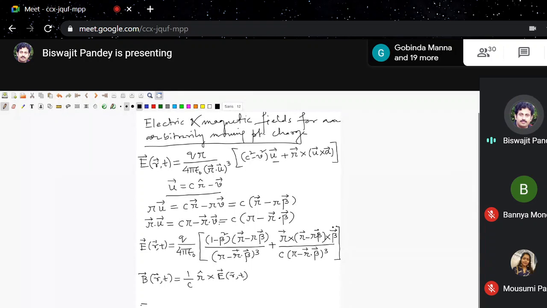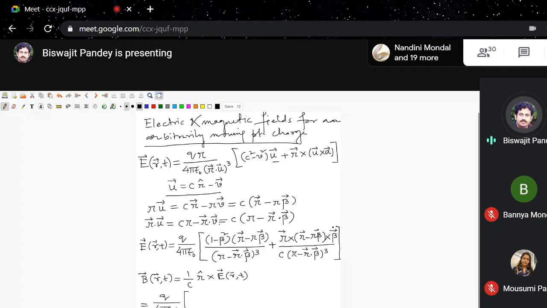So that will give us Q divided by 4 pi epsilon 0 c times, we are taking a cross product, right? So we have a minus sign here, minus 1 minus beta square, and then r cap cross r cap is 0, right? And then we have a minus of this, so r cap cross beta, but with a minus sign there.